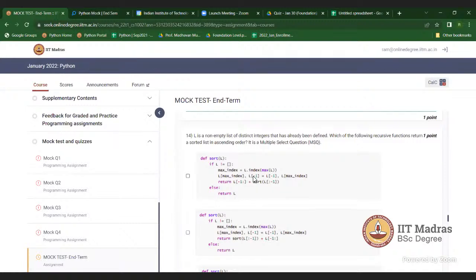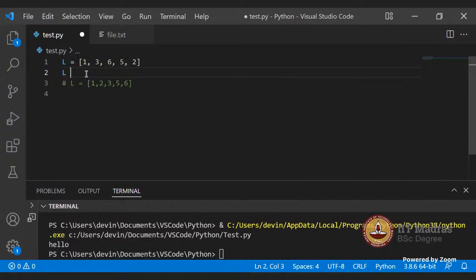Now L of max index and L of minus 1 values are reversed. So now the list will be 1, 3, 2, 5, 6, because we exchange 6 and 2, right? Correct?